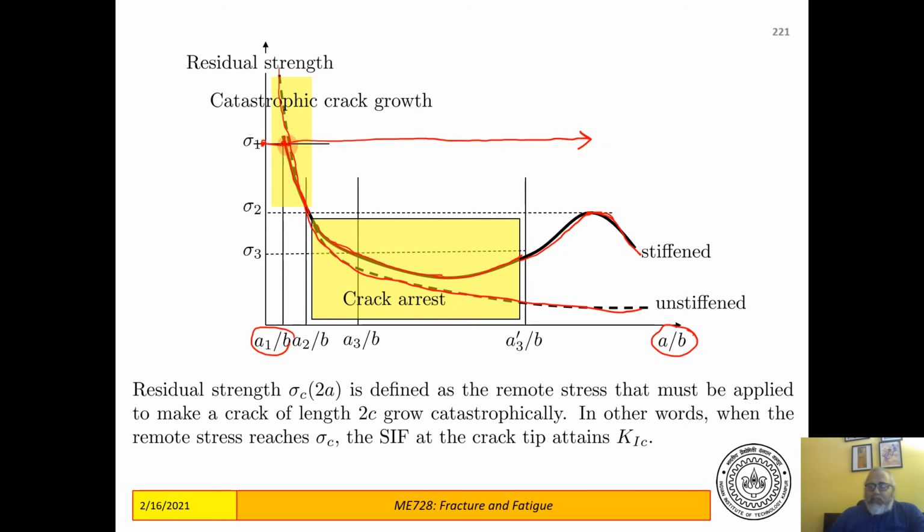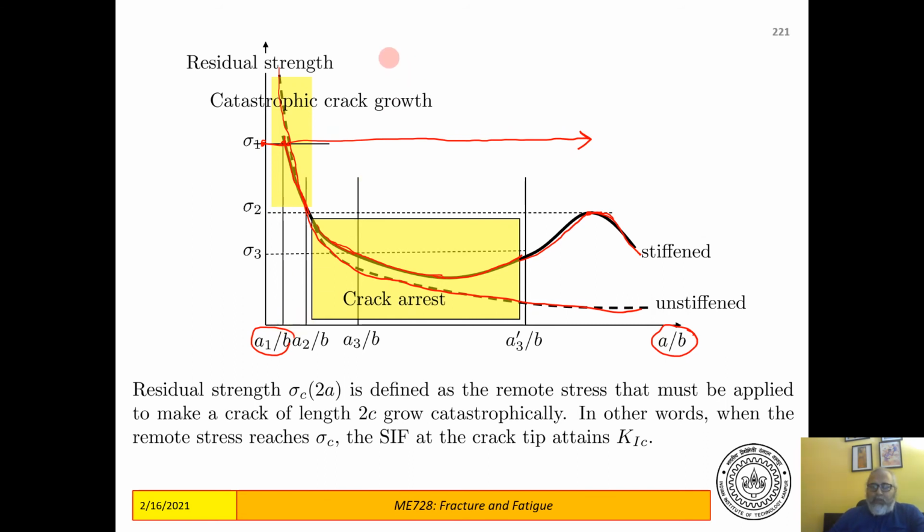So the only way for the crack to respond to a stress equal to or slightly higher than sigma 1 is to just keep growing catastrophically. So catastrophic crack growth will result for very short cracks.